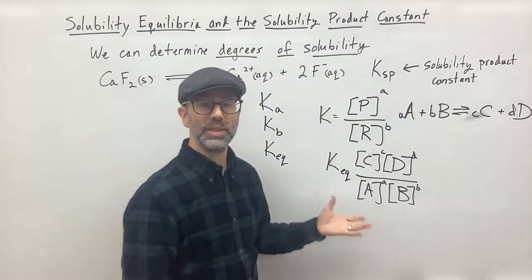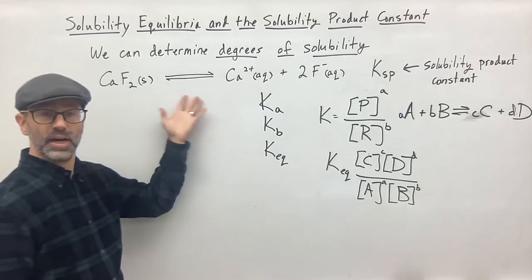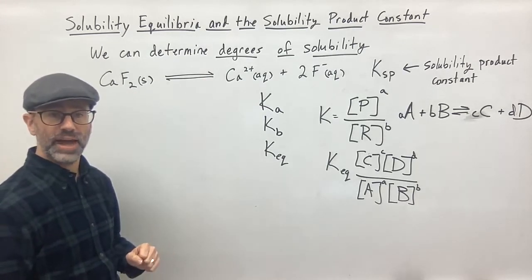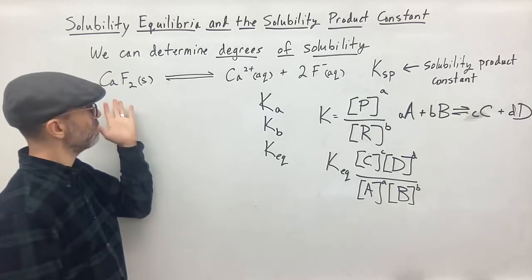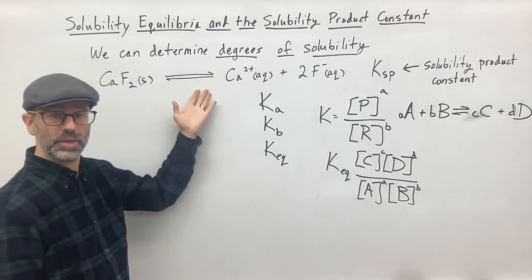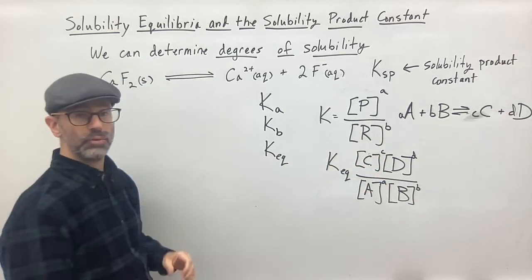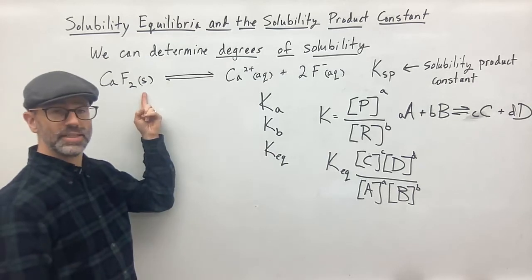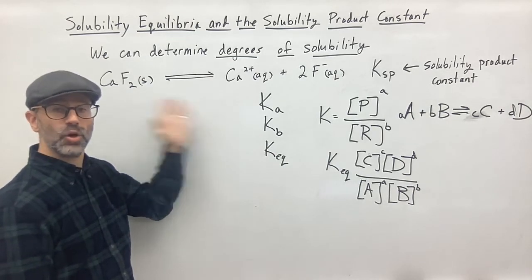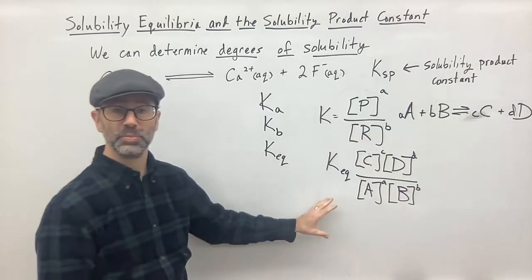And you would do the exact same thing with the solubility, the equation where you're dissolving a salt in water. If there's an equilibrium there, then we can apply this to it. We remember that anytime you have a solid or a liquid in your equation, you ignore those. They do not go into the equilibrium expression.